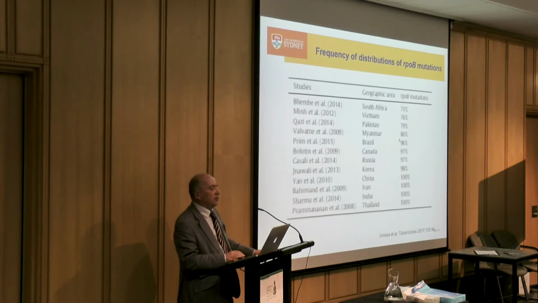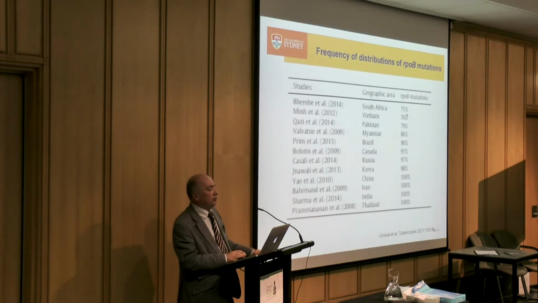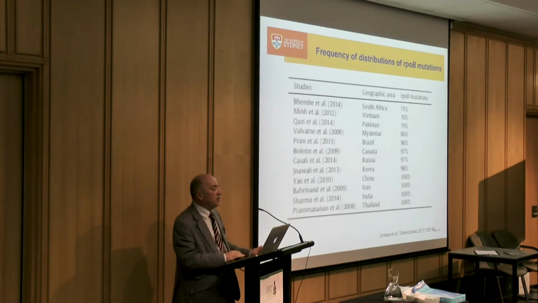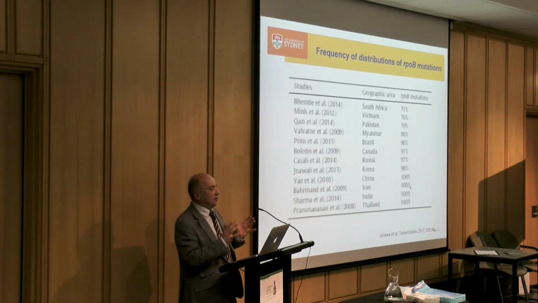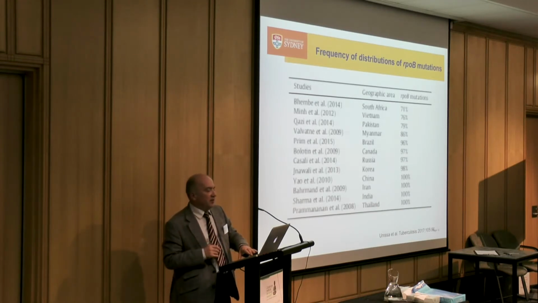And you can see that in South Africa, mutations in the rifampicin resistance defining region will be present in 71% of cases, and in Thailand in 100% of cases. But there is a big variability, and this is just a subset of studies, obviously with a biased sampling strategy.